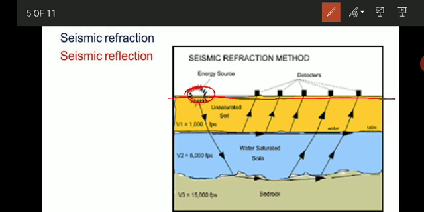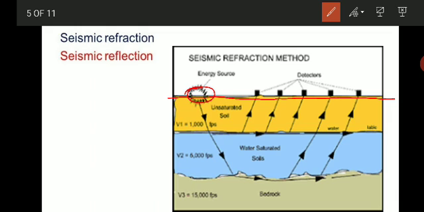The seismic waves follow the same laws of propagation as light, or the rays, and they may be reflected or refracted at any interface where the velocity changes.